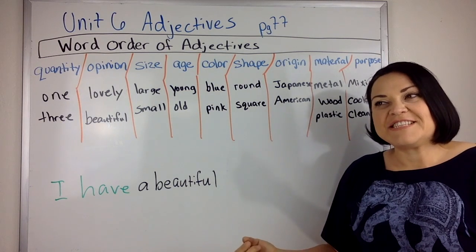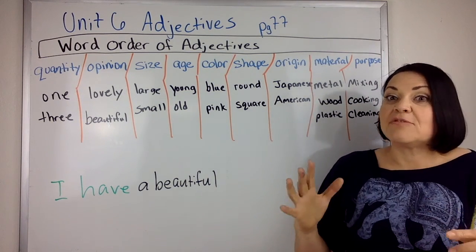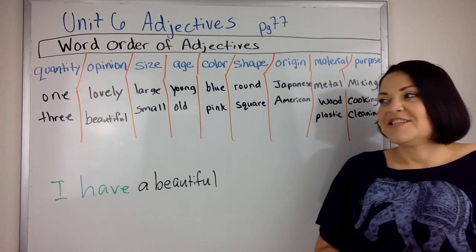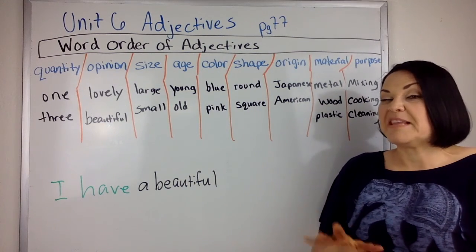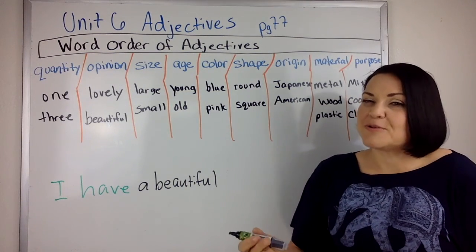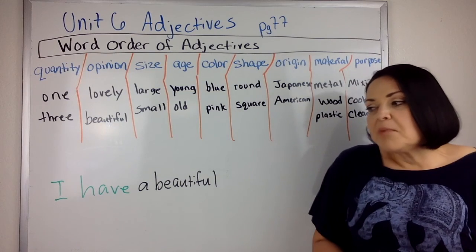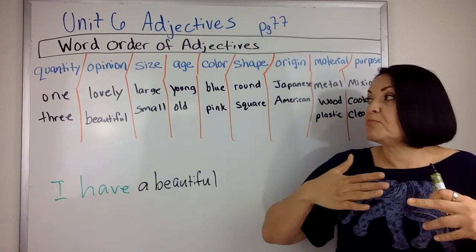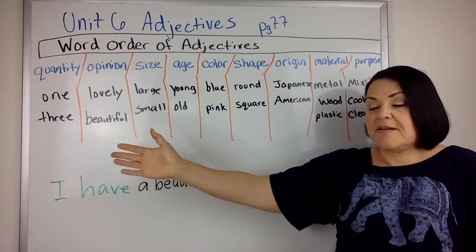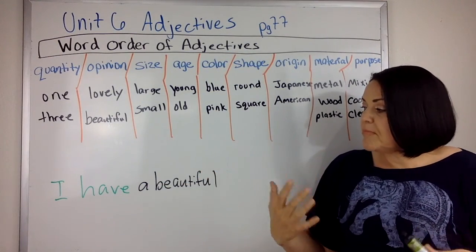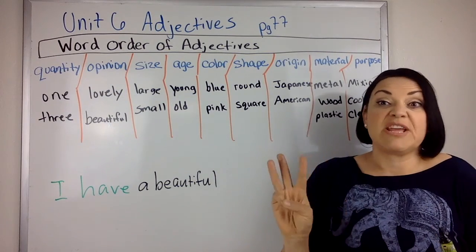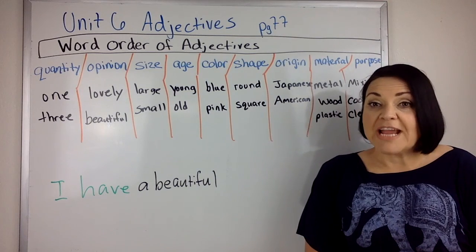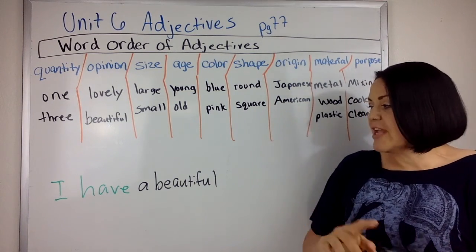But the most I've seen that it sounds good and it's okay for academic writing, to write professionally would be like 3 adjectives at the most. If you're reading a book, sometimes they're describing something, so they'll put a lot of adjectives there. But I would just keep it down to 3. 3 is a good number. It depends on your professor, what you're writing, but 3 would probably be the best.